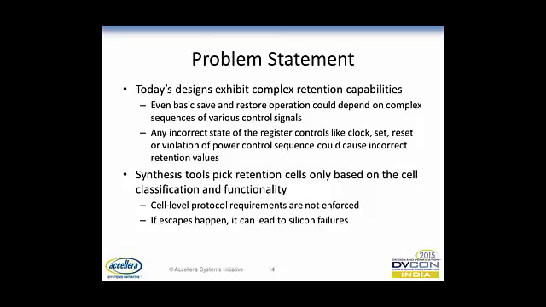So we need to ensure that protocols are followed properly, but the concern is that the synthesis tool picks the retention functionality just based on the cell classification and functionality. If this particular issue is ignored, then cell escapes can happen and it can lead to silicon failures.